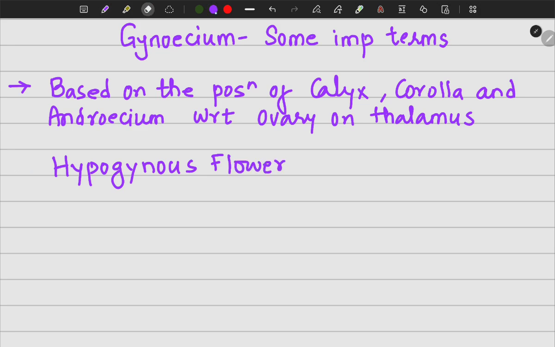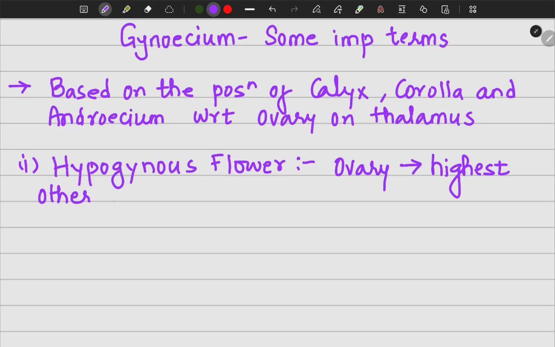What's a hypogynous flower? In hypogynous flower, the ovary is situated at the highest position, while the other parts like the calyx, corolla and the androecium are situated below the ovary.